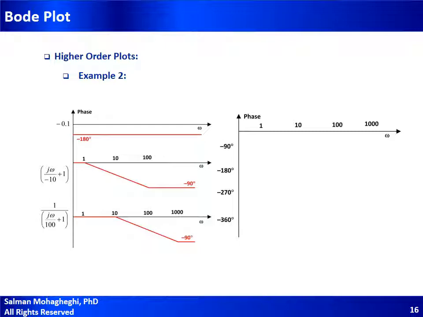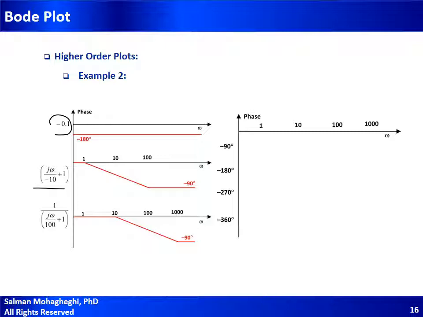Let's do the same for the individual phase plots. So for the DC gain, which is a negative number, negative 0.1, the angle is going to be negative 180, constant angle. For the first 0, keep in mind that this is a 0 on the right half plane at point 10.